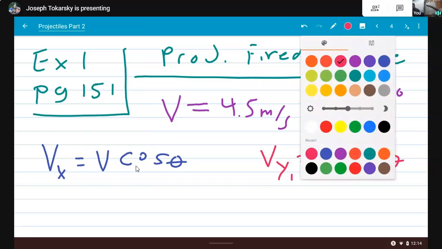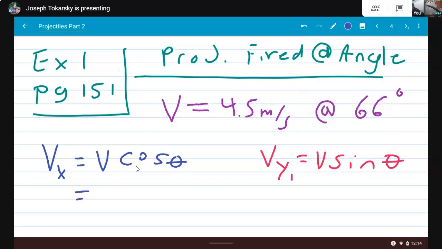So we plug into both of those: 4.5 cosine 66, and 4.5 sine of 66.